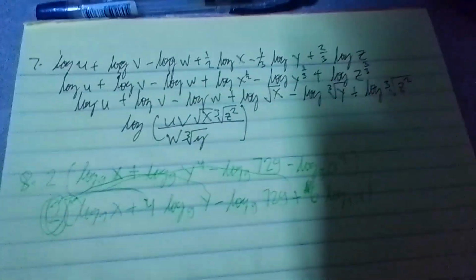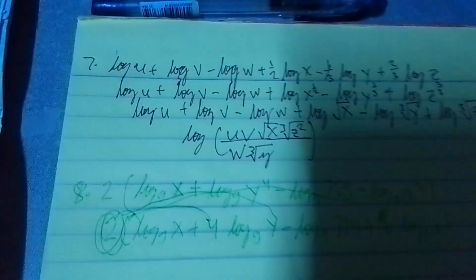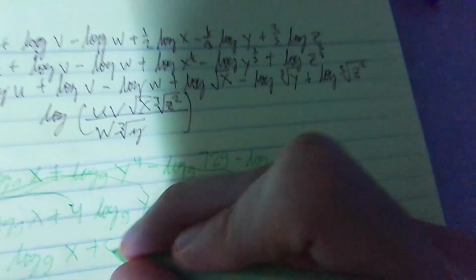But remember I told you we still have the 2 that was left out. I tried a special trick first by isolating the 2, but I said we would come back to it. You see this 2 that is still left over here?